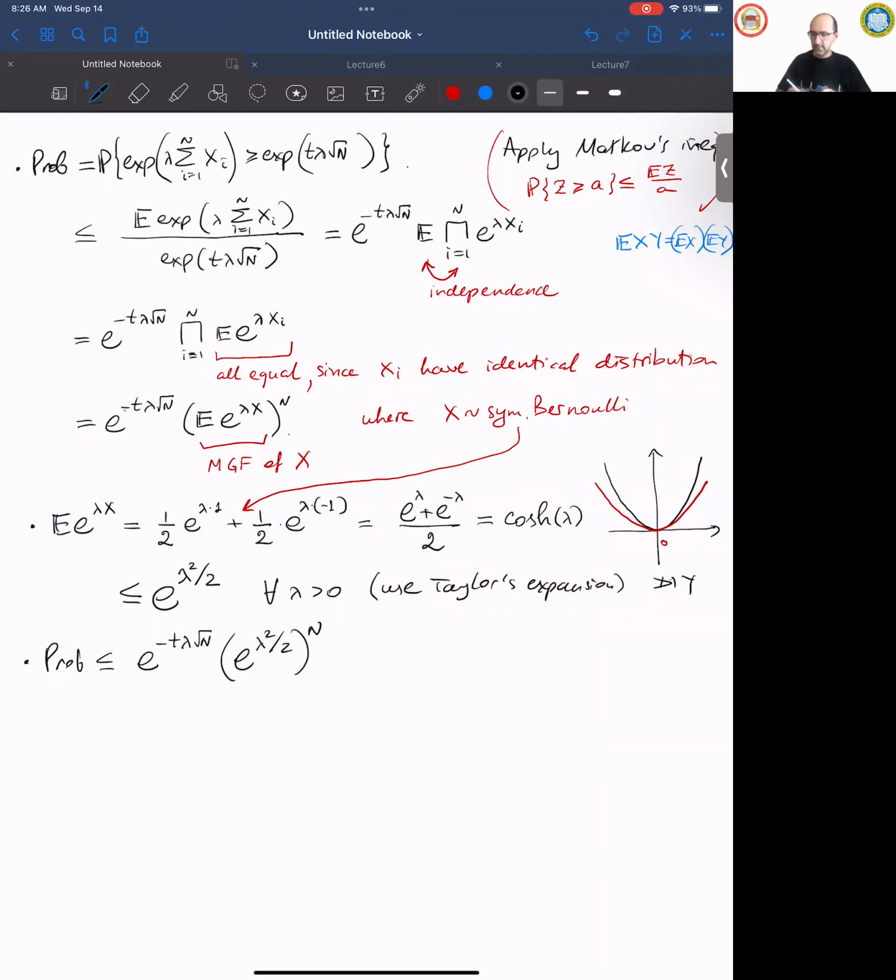Oh, perfect. Nothing can be better than this, because we can bring this into the common exponential function, e to the t lambda root n plus lambda square n over 2.